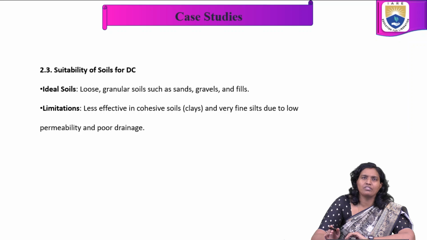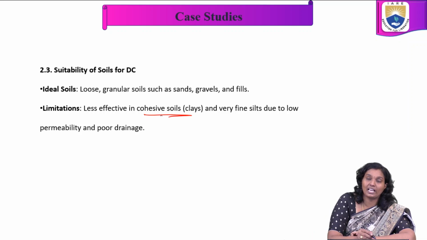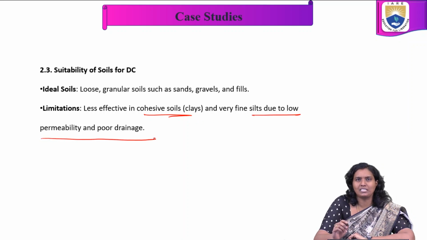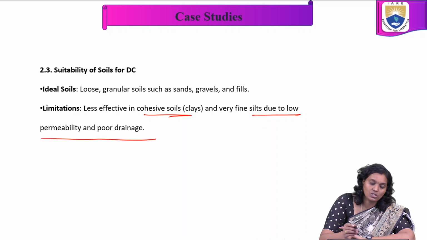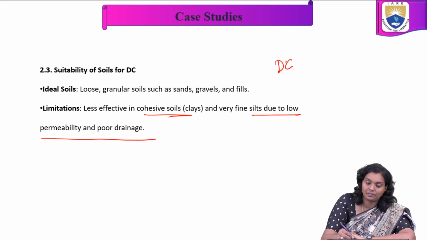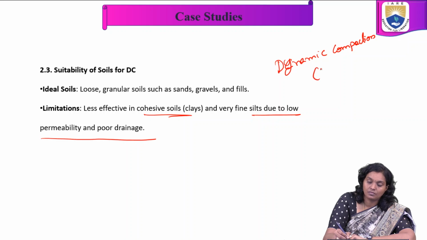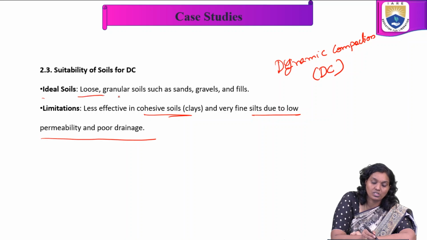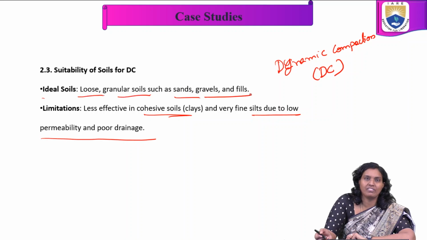On the suitability of soils for dynamic compaction: loose granular soils such as sands, gravels and fills are ideal. The limitations are that it is less effective in cohesive soils, clays and very fine silts due to low permeability and poor drainage. So dynamic compaction, DC, is suitable for loose granular soils such as sands, gravels and fills.